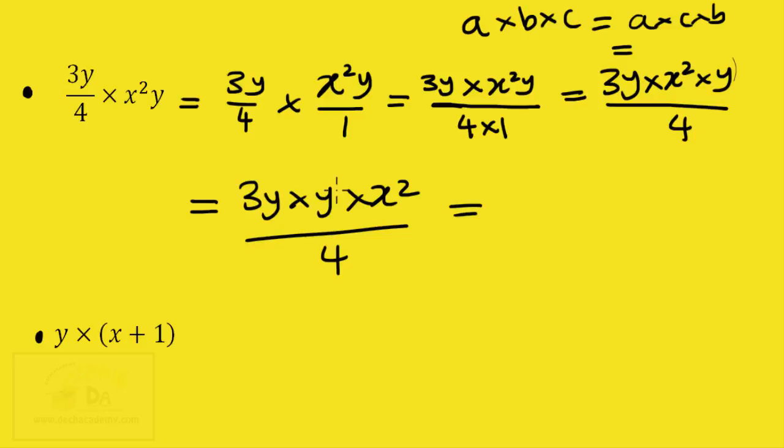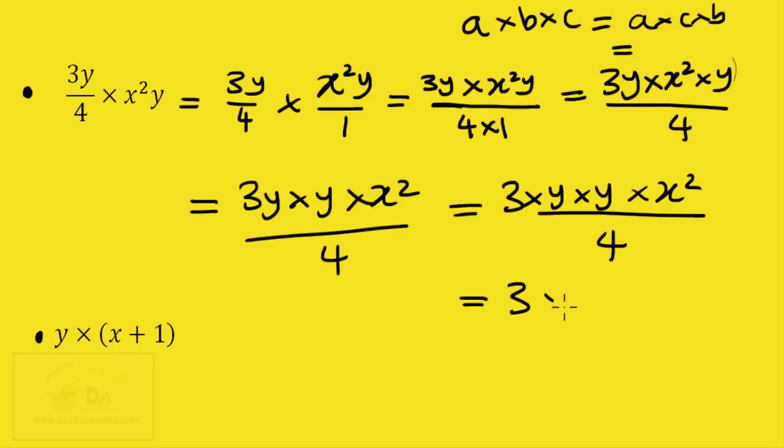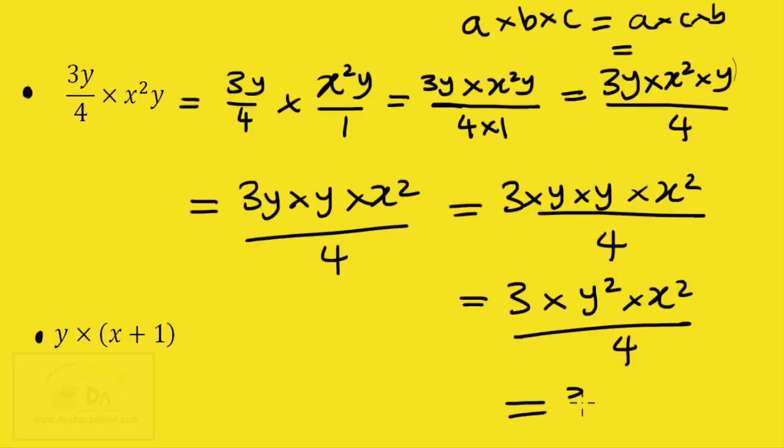So now we have 3y times y is what? 3y squared. Or if you can't see it, we have 3y as 3 times y times x squared over 4. So 3y is now 3 times y times y times x squared. Now y times y is the same thing as y to the 1 times y to the 1, which is y to the 1 plus 1, which is 2, times x squared over 4, which gives 3y squared x squared, all divided by 4.